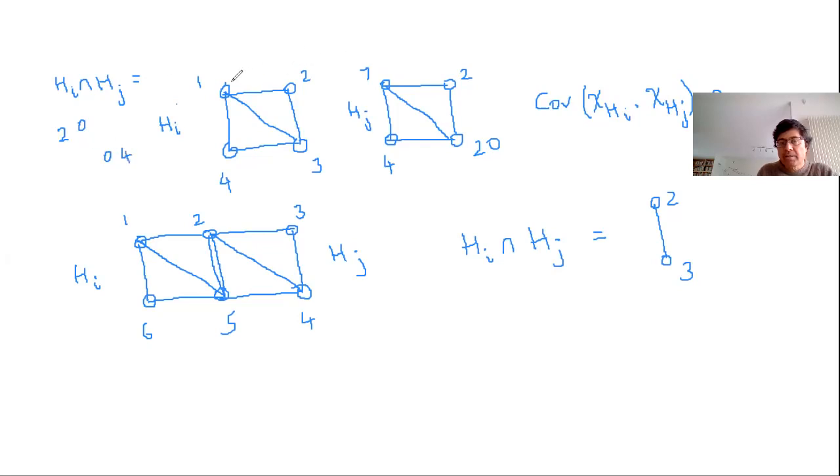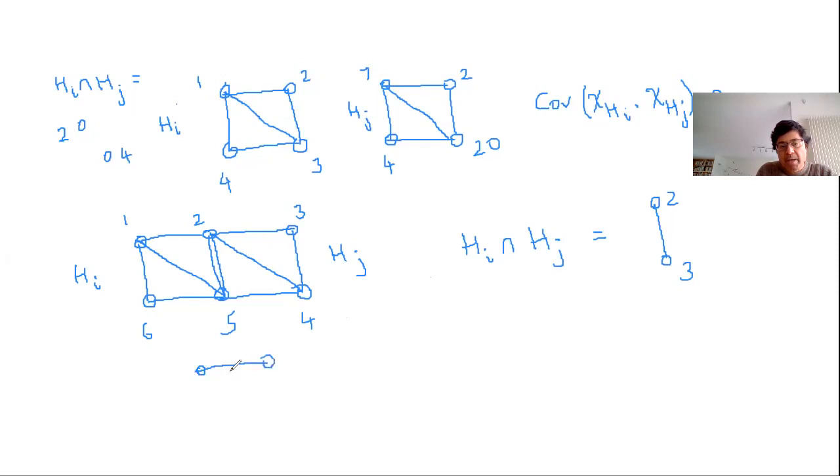So it's a graph that has vertices but no edges. Here we have two vertices and one edge. And there are other possible ways they might intersect. We won't go through all of them, but let me draw one more picture.